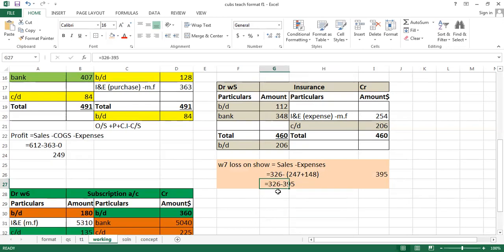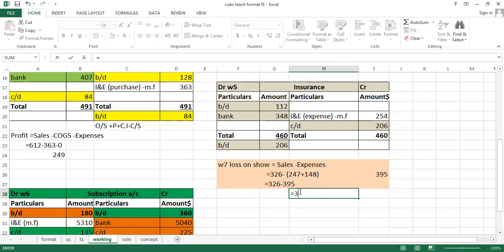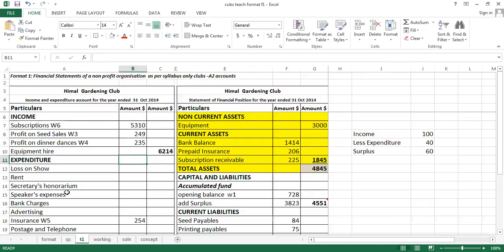So if you subtract these two, you get 395 minus 326. You get a loss of 69. So you can write 69 as loss out here. So the loss you need to put in expense since it's a loss. Go up here. So notice that here there's loss, and so this is going to be working note 7, W7, and place 69 here.